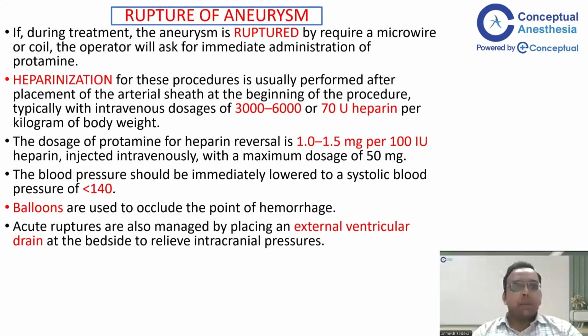Now, balloons can be used to occlude the point of hemorrhage if it is visible, and acute ruptures are also managed by placing an external ventricular drain at the bedside to relieve the acutely raised intracranial pressure. So all these modalities of treatment, with immediate reversal of heparin by protamine, are necessary to salvage the patients undergoing rupture of aneurysm.